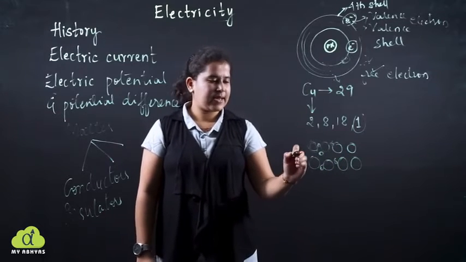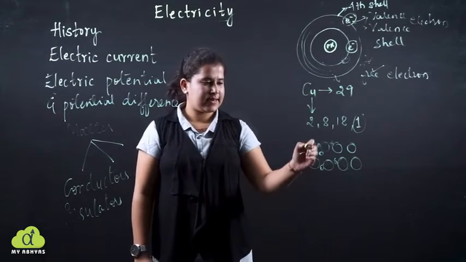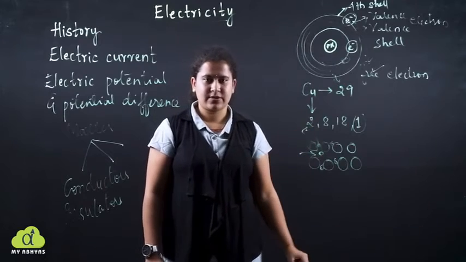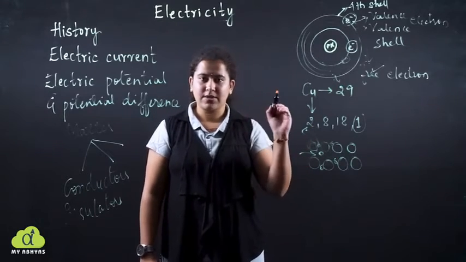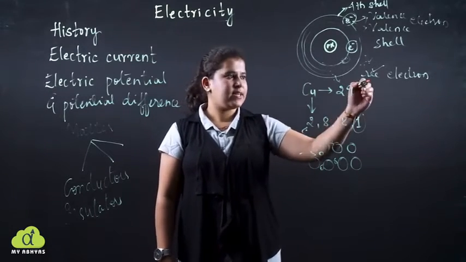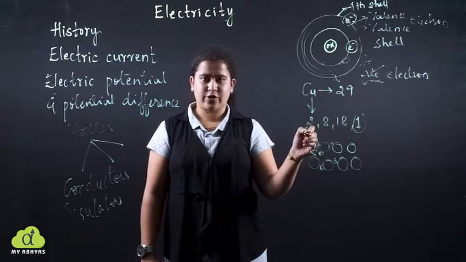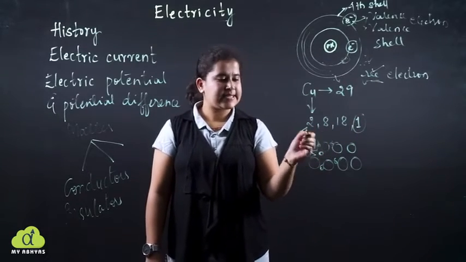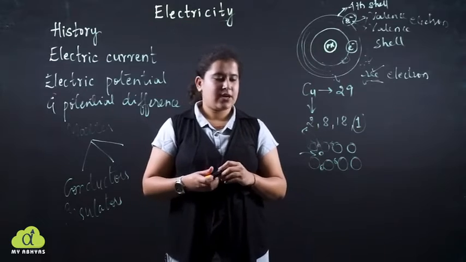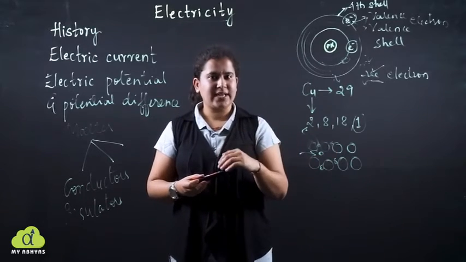Now I put in some energy, and one electron comes out. As this electron comes out, it becomes a free electron, right? This is the free electron I spoke of. The free electron comes and starts moving. Clear?